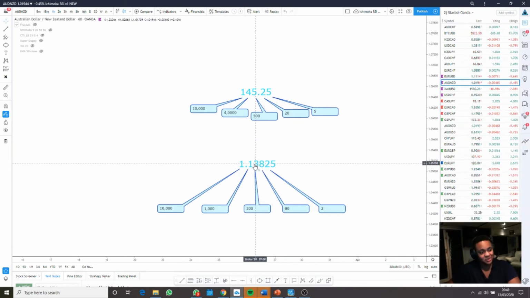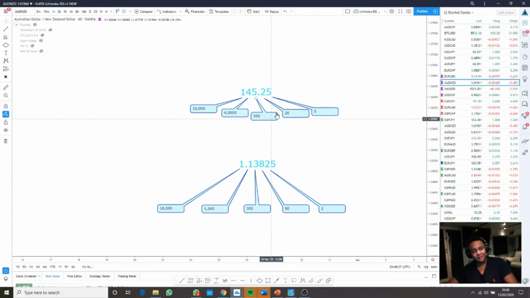The second column in is the hundreds: 100, 200, 300, 400. The first decimal point in is your thousands. And the whole number, the integer, is 10,000 pips. So visually, the main number is the fourth digit because this is how many pips, and it just works like any counting system.